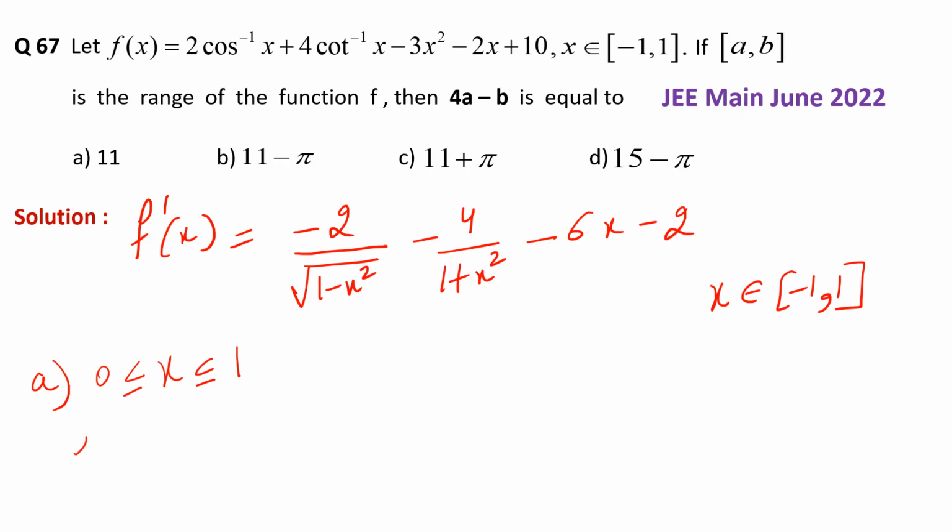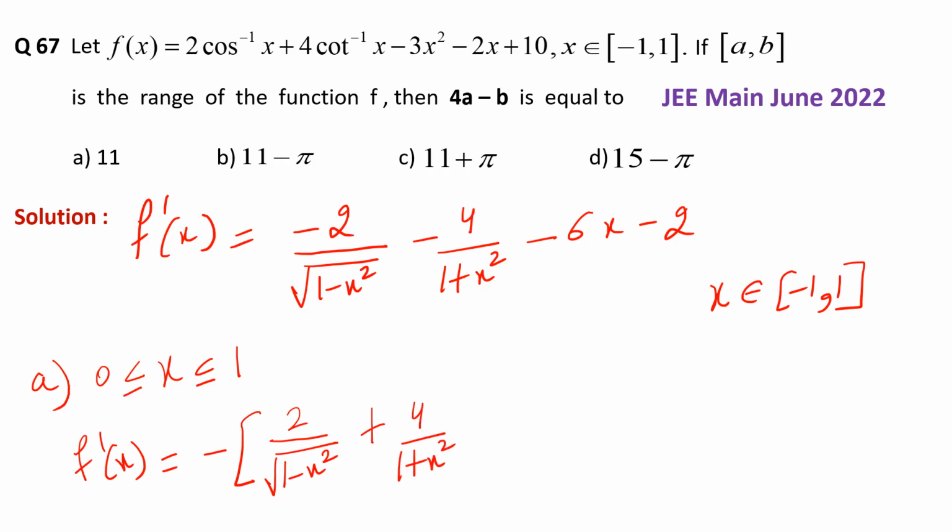Now in this particular interval, f dash x is equal to minus outside the bracket, and inside the bracket it is 2 times 1 upon square root of 1 minus x square plus 4 upon 1 plus x square, then we have plus 6x plus 2.